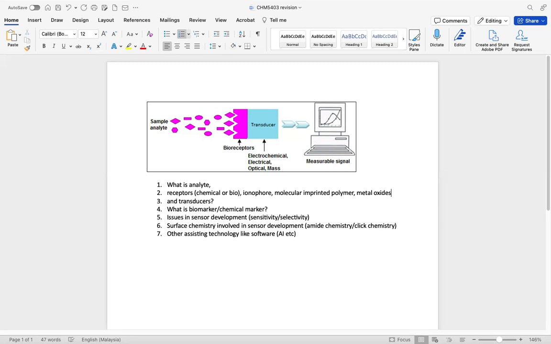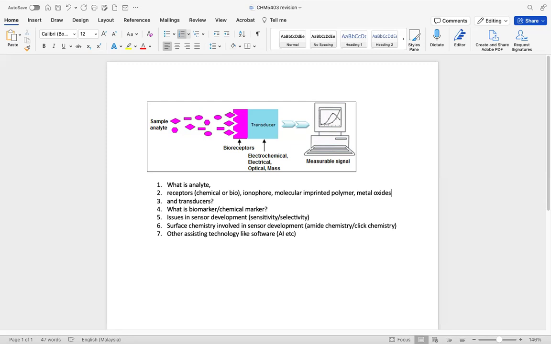They have to be kept at certain temperatures and certain pH. And some enzymes can be very expensive. So there are certain metal oxides you can try to find out that can behave like enzyme. These are also considered chemical receptors.